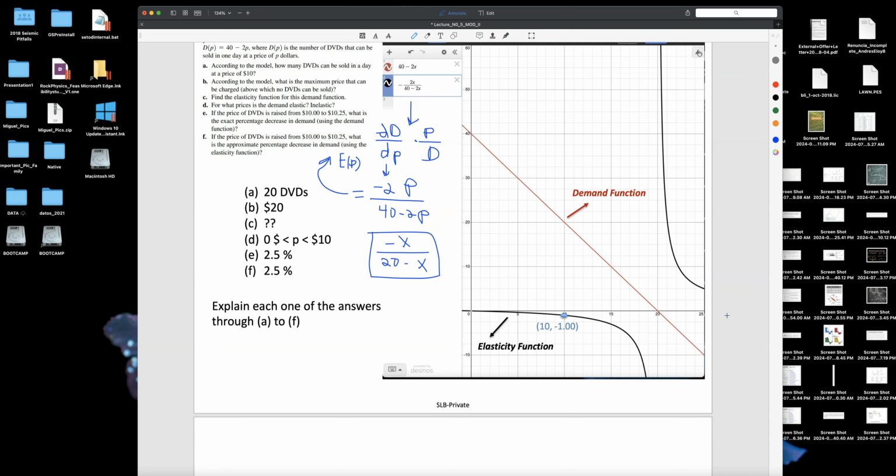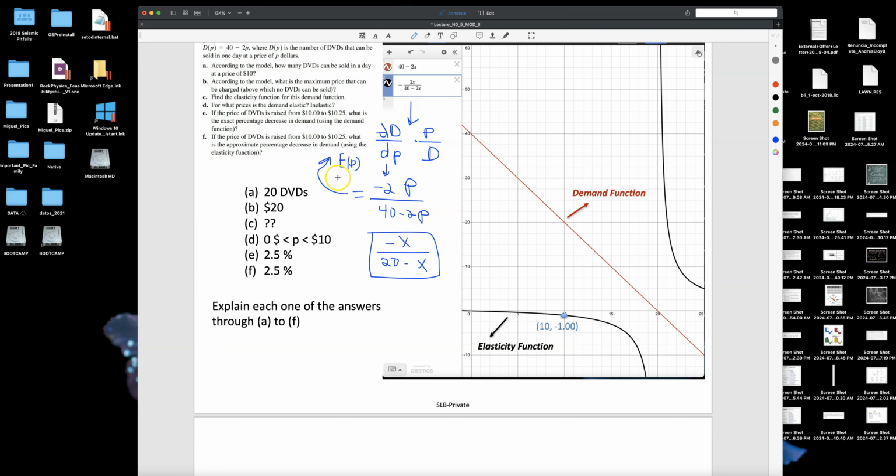So really the branch that I need is between a price that goes from 0 to $20. And actually different from $20, because at $20 the price elasticity is not going to be defined. That is another point. Okay, now let's move forward.